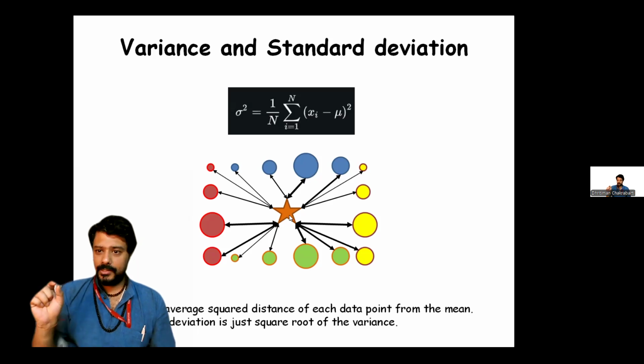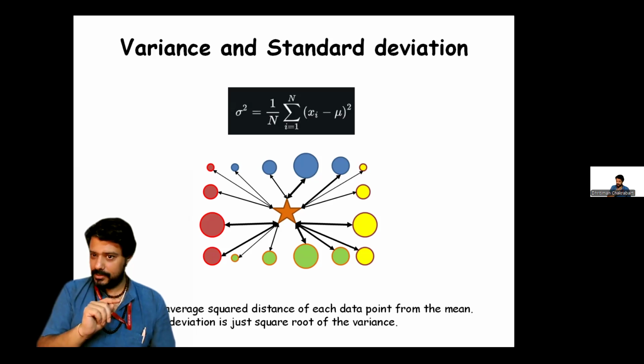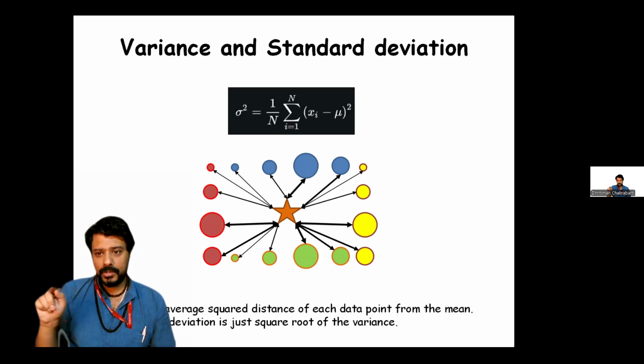Whenever you calculate the difference of each data point from the mean, those data points whose value is less than the mean come out as negative values, and those with values more than the mean come out as positive values.